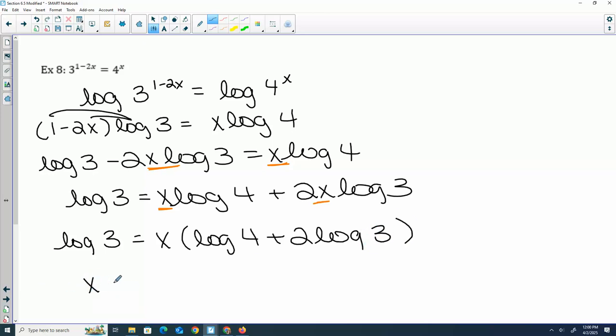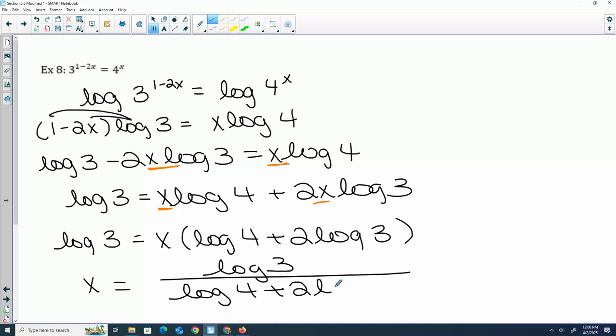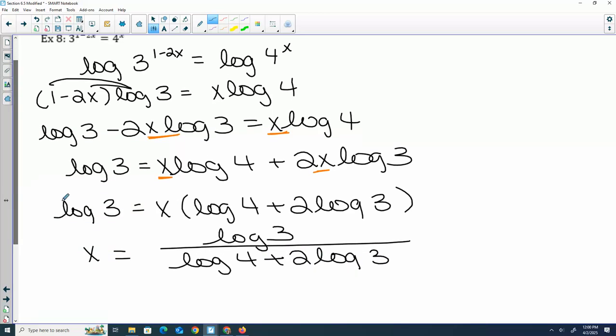And so then final step to get x by itself is to divide, so we have log 3 over log 4 plus 2 log 3. Did you guys get that?